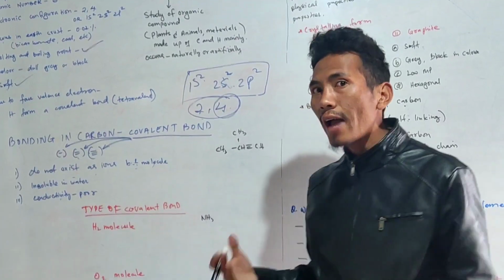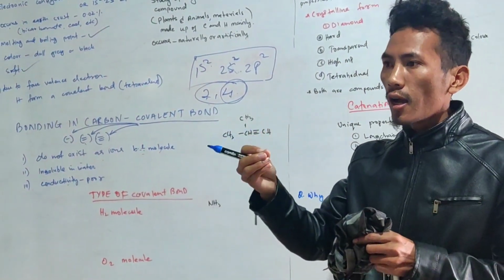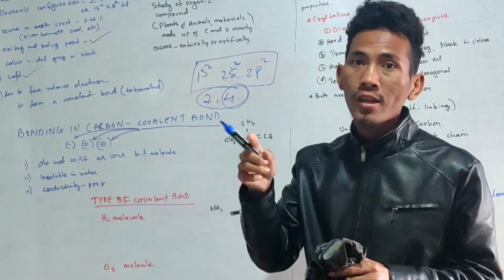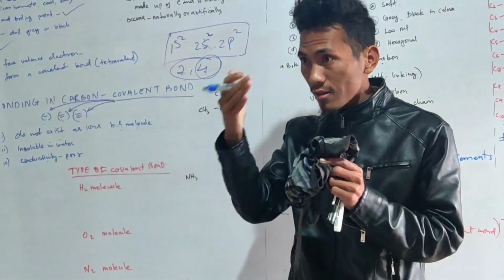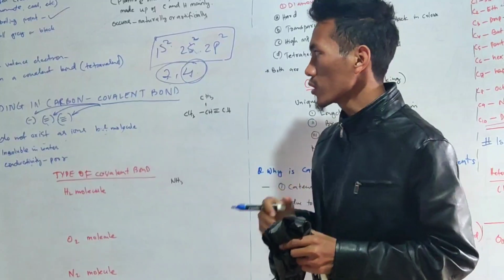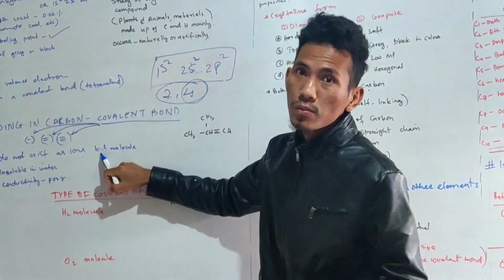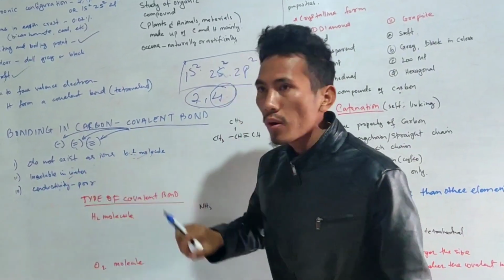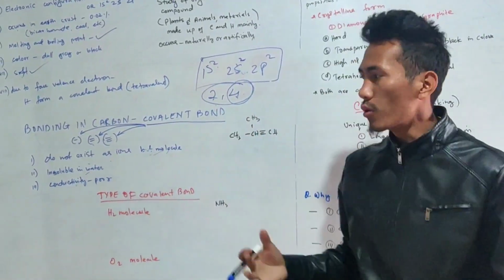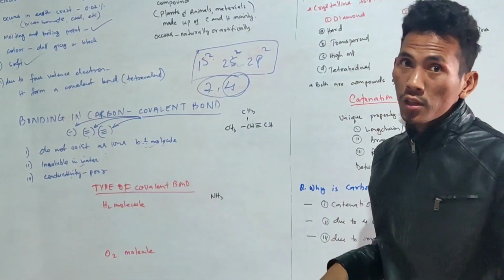Ions means exchange of plus ions and minus ions, but that kind of bonding does not exist here. That is the covalent bond. They are insoluble in water and conductivity is very poor.